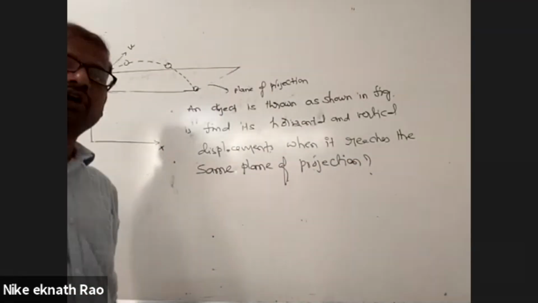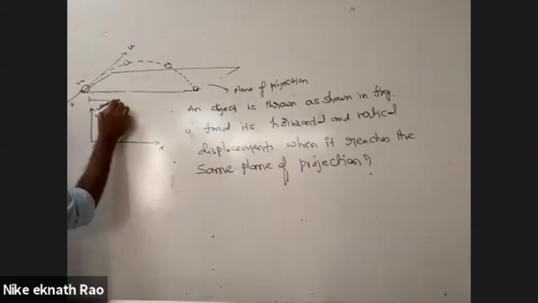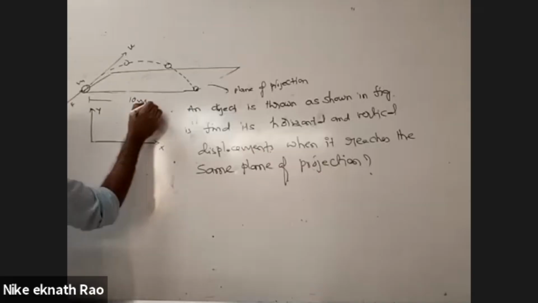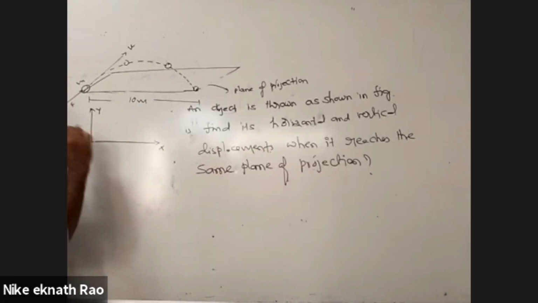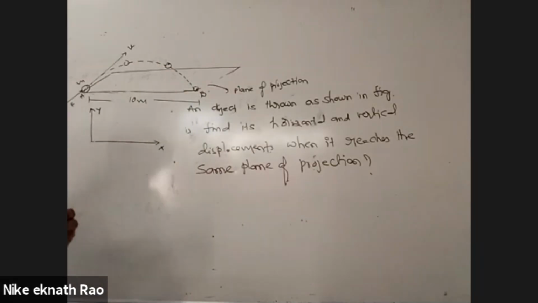Find its vertical and horizontal displacement with the same plane of projection. Say for example, it has traveled a distance of some 10 meters horizontally. This is point A, and this is point B.